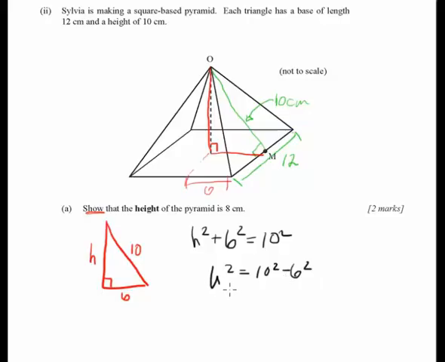And so h squared equals 100 minus 36, which happens to be 64. And if h squared equals 64, then we know h equals 8. And that's what it was supposed to be.